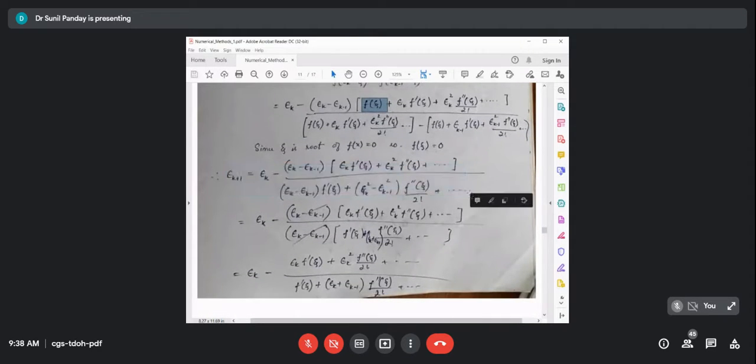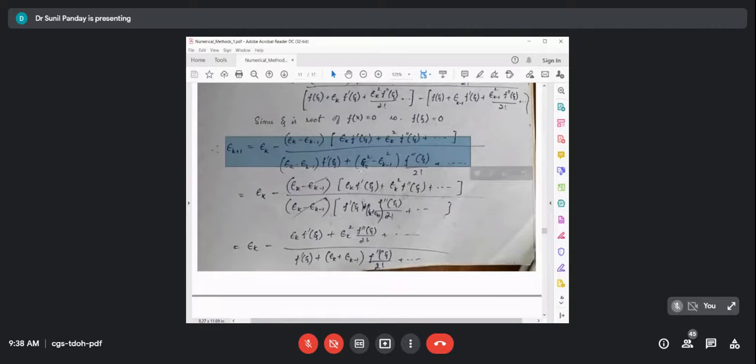So we have here. Now again, we know that in each and every step here we are having a term like epsilon k minus epsilon. Like if we think about the third term, it is epsilon k cube minus epsilon k minus 1 cube, f triple dash j upon 3 factorial.